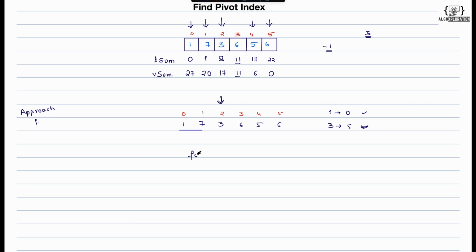First of all, we will have the outer for loop in which I will be running from 0 to n. We also have to be careful with this condition. If my index is 0, the left sum will be 0, and if my index is n minus 1, the right sum will be 0. So if i is equal to 0, at that time my left sum is 0.